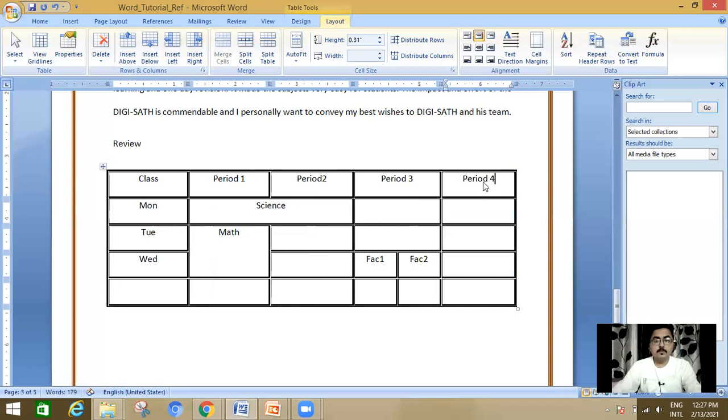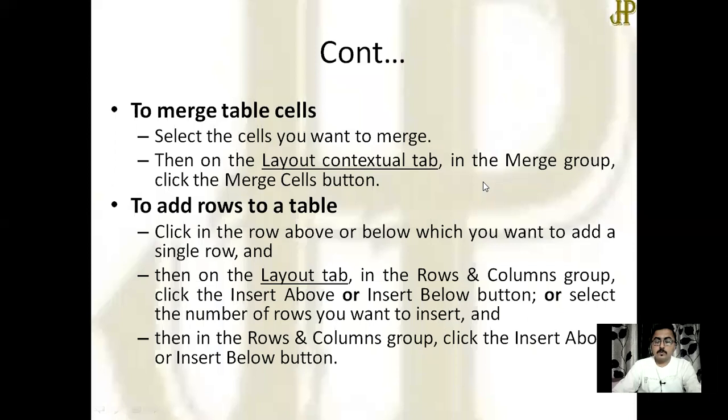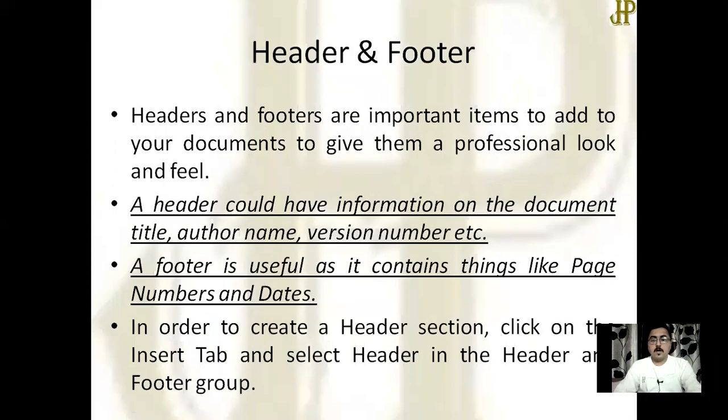I think it is very clear to you. Now, the next, the most important topic that comes in your exam is header and footer. So first of all, what is header and footer? Headers and footers are important items to add to your documents to give them a professional look and feel.